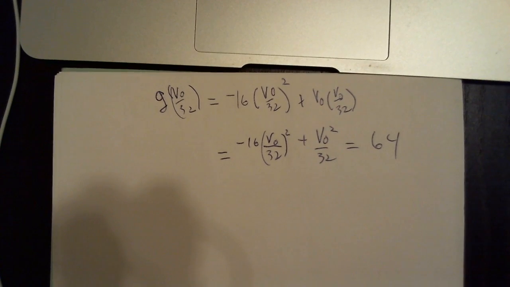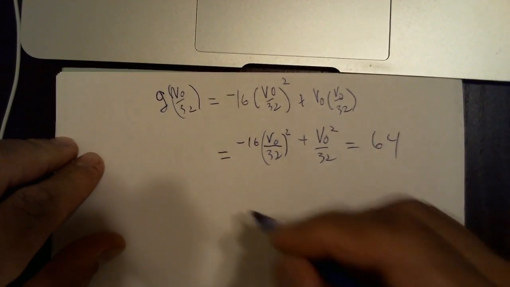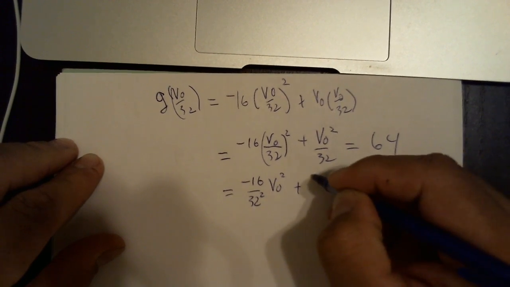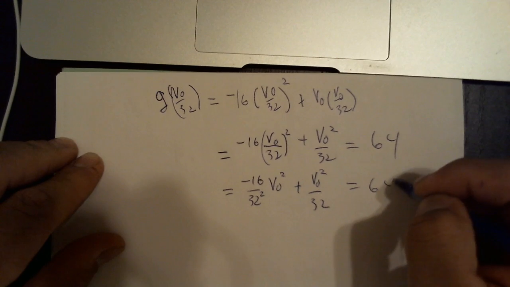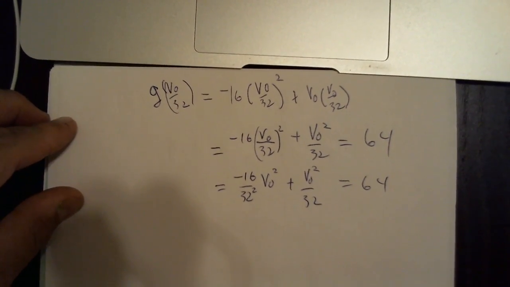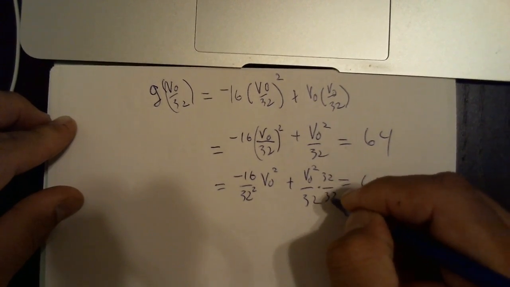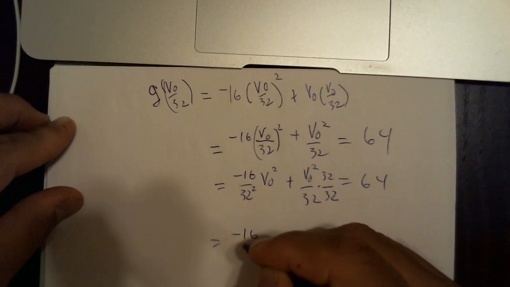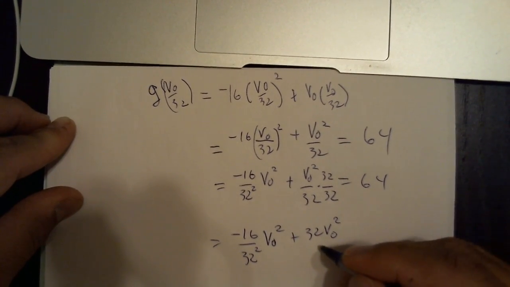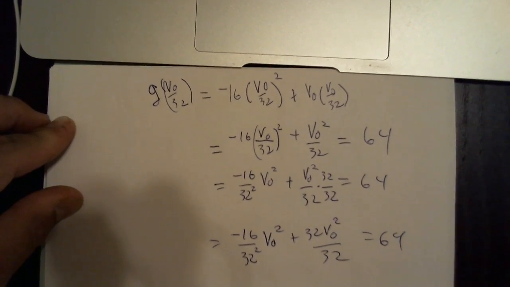Now we go ahead and solve for v0. We'll multiply this by 32 over 32 to get a common denominator, and we'll get negative 16 over 32 squared times v0 squared plus 32 v0 squared over 32 equals 64.